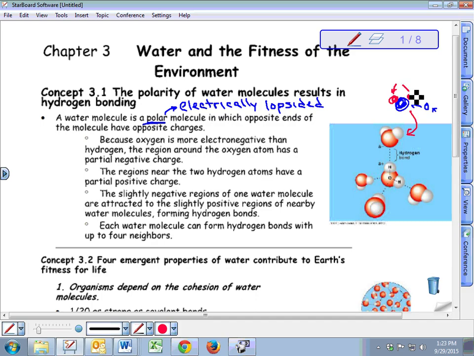And the two smaller ones are a pair of hydrogens. So you've got two hydrogens, you've got an oxygen, hence H2O.